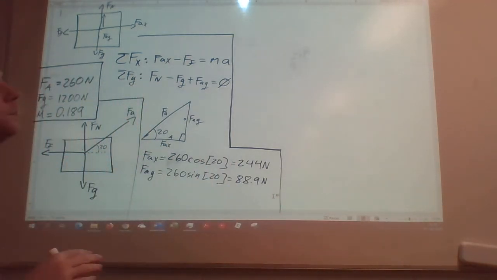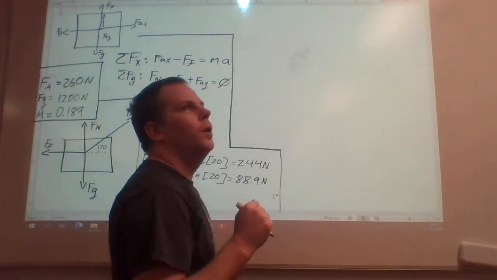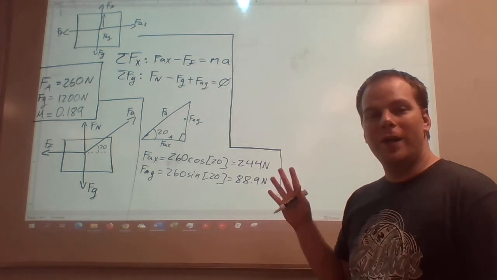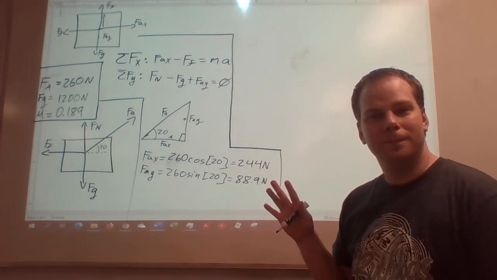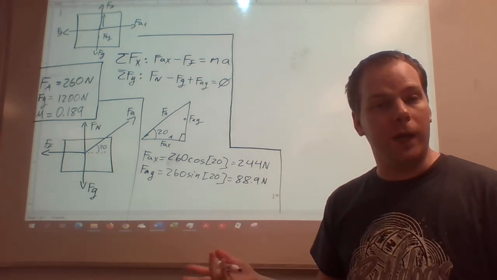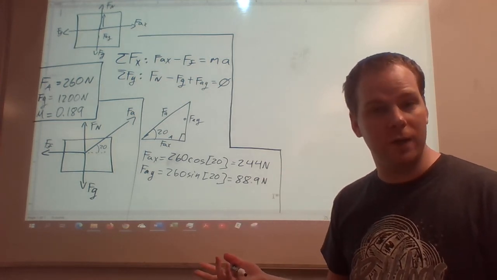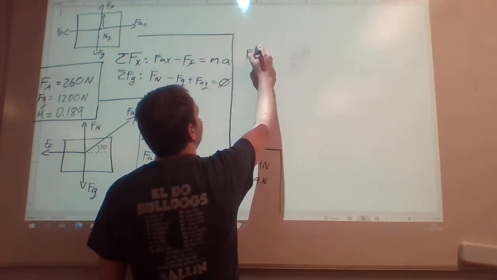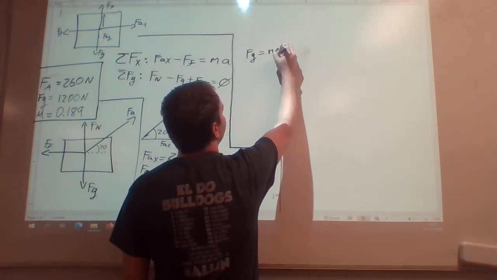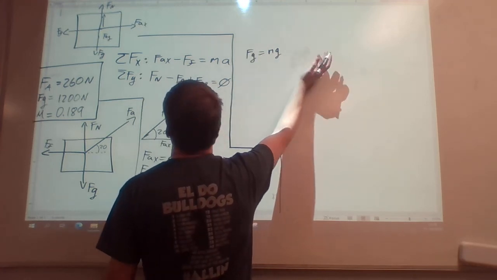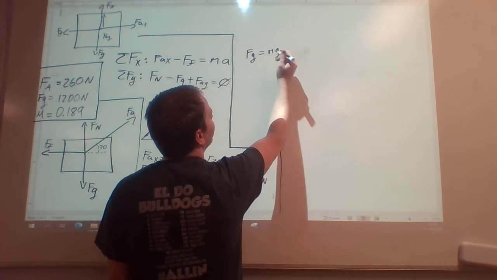Now, do we know M? The answer is no. We don't know M, but we can find it very easily because we know that FG is equal to MG, and we know that FG is 1200.